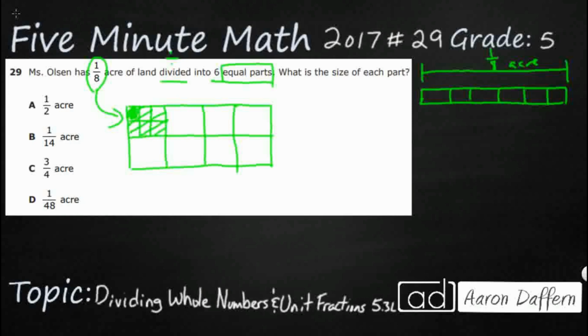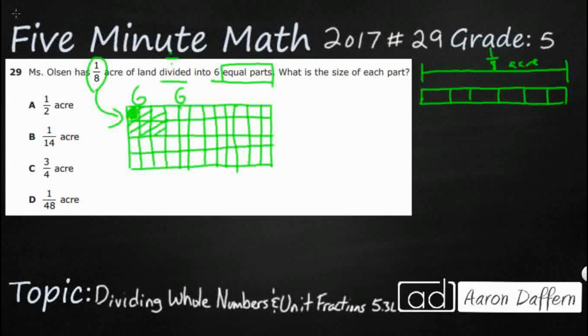Well, what I can do is I could do the same type of thing for each of my eighths here. I can divide each eighth into sixths, and then I could count how many parts I have. And that's a lot of little squares. Let me just tell you what I did is I had 8 parts.